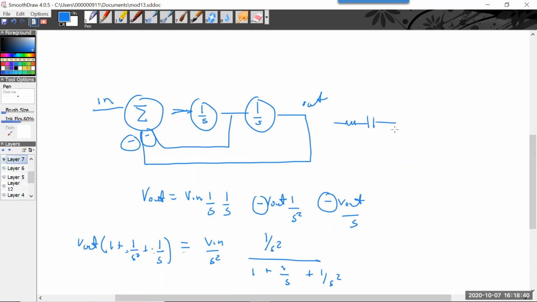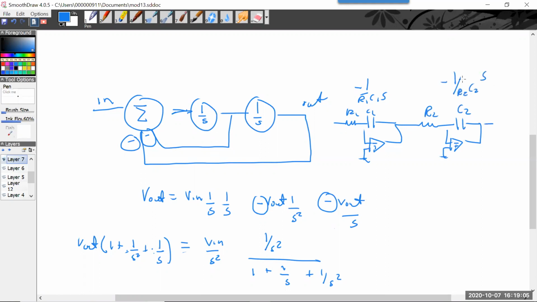some things positive and some things negative? Well, this integrator is minus 1 over R1 C1 S. And then I feed it into another integrator, which is minus 1 over R2 C2 S. But when I multiply it together, it's positive R1 R2 C1 C2 S squared.